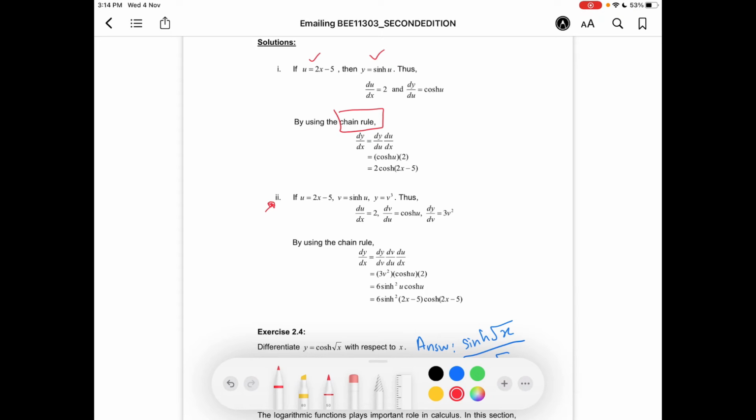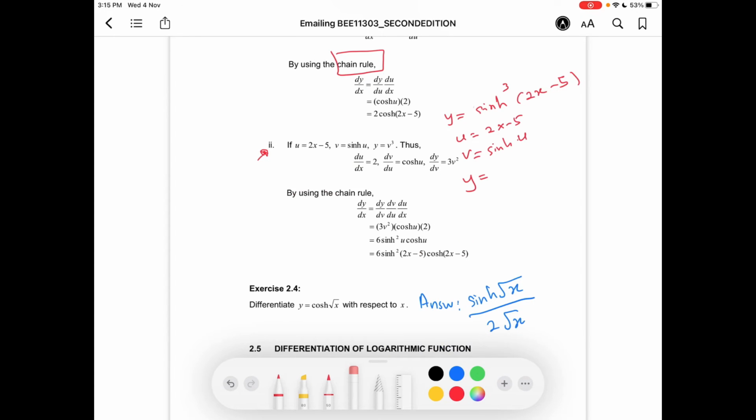If we have hyperbolic sine to the power of 3 of 2x minus 5, again you can apply the chain rule. First we have u equals 2x minus 5, then v is hyperbolic sine u, and lastly y equals v.